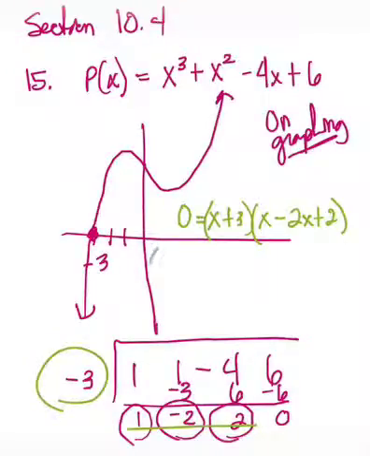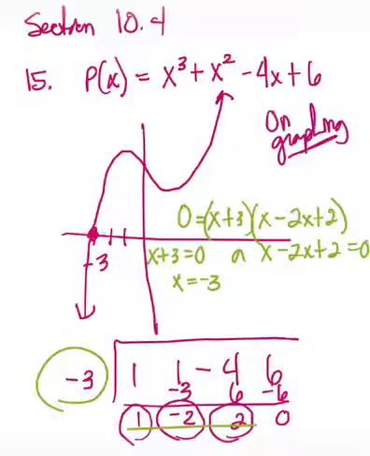Okay, so either x plus 3 equals 0 or x squared minus 2x plus 2 equals 0. And so this is either x is going to equal -3, that's one of the zeros right there. We saw that from the graph. Or the other two are going to be complex, right?